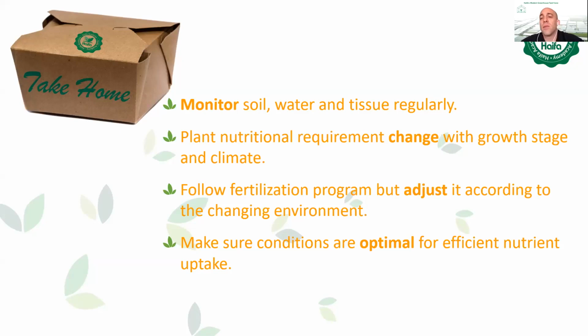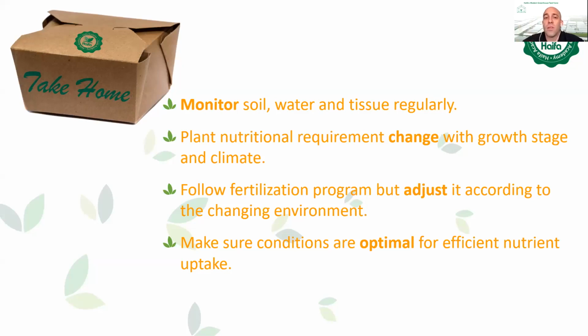Like Marco said, for the generative growth stage, potassium is needed in a high amount, so we have to supply it. And if you have a fertilization program, follow it. Make sure you give the exact amount. Don't deviate from the program unless you have to adjust according to the changing environment and the growth stage.